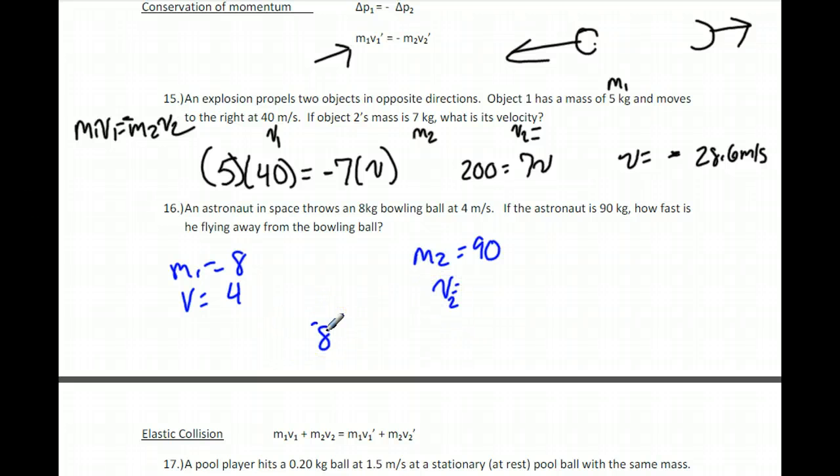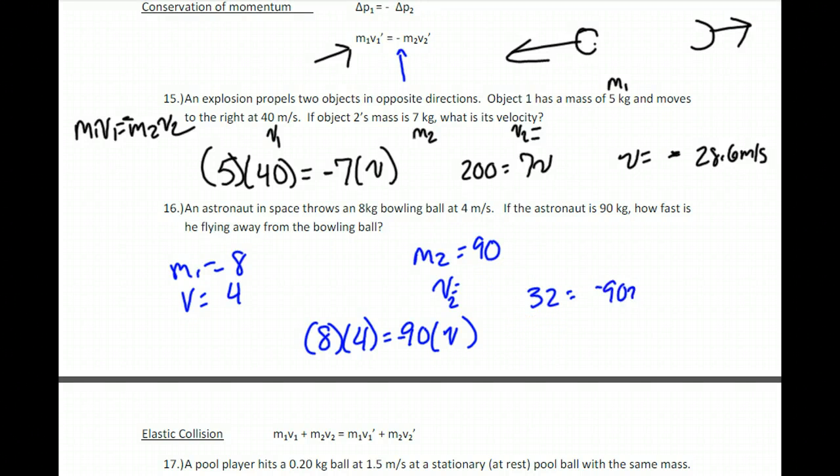So you're going to have 8 times 4 equals 90 times V, negative 90 times V, because again, it's negative. See that right there? So we're going to have this be 32 equals negative 90V, and V is going to equal negative 0.356 meters per second. To sig figs, that'd be negative 0.4.